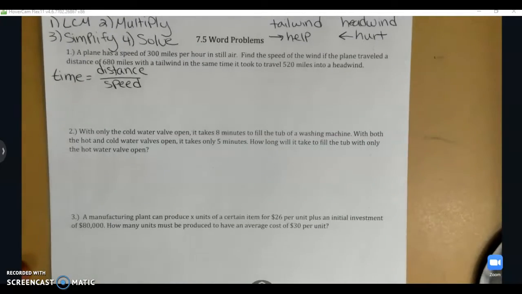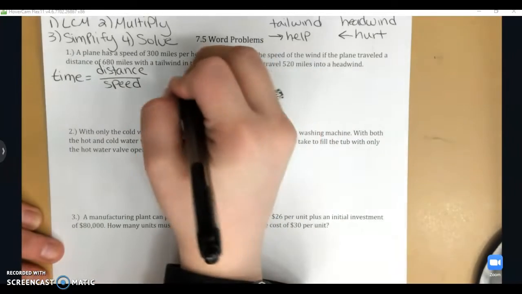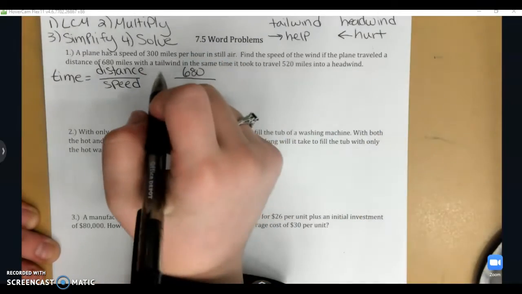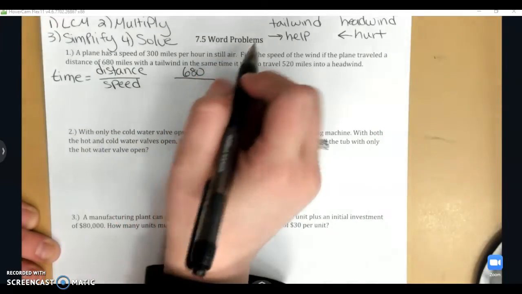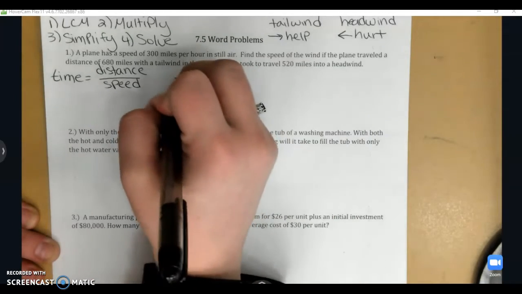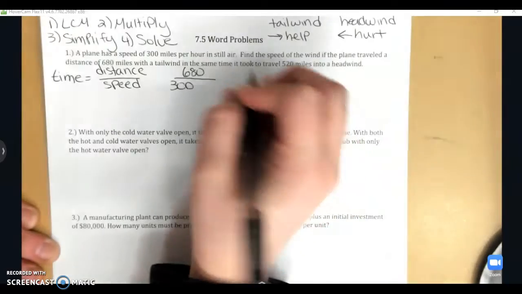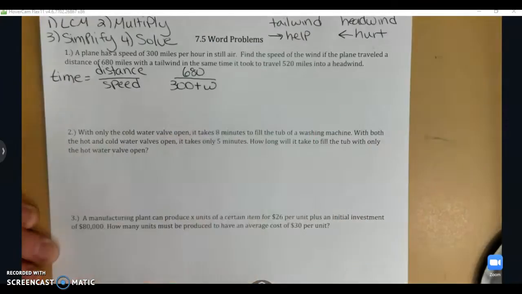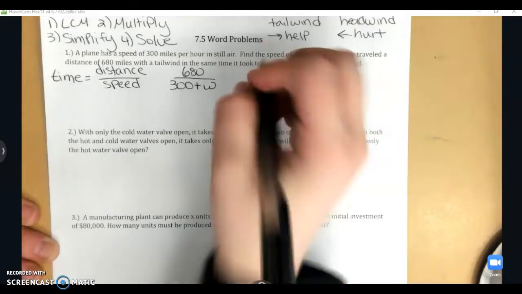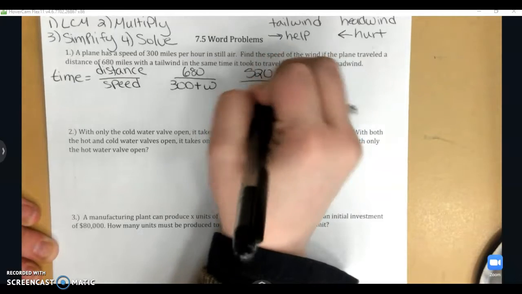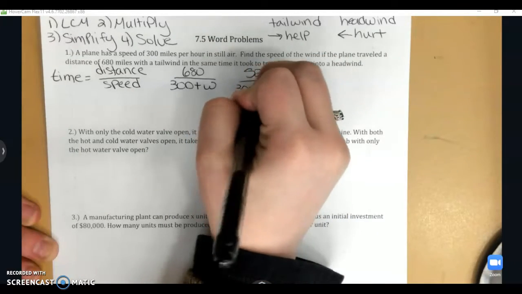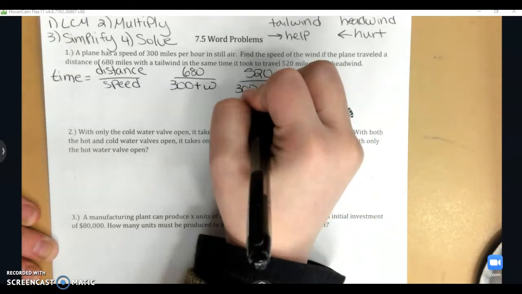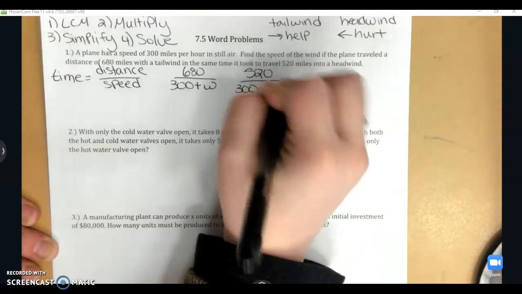So our plane that traveled 680 miles in the tailwind was traveling at a speed of 300, that's still air speed, plus the speed of the wind. And when we were in the headwind, we went 520 miles. Again, this is our still air speed minus the wind. The wind is hurting us here.